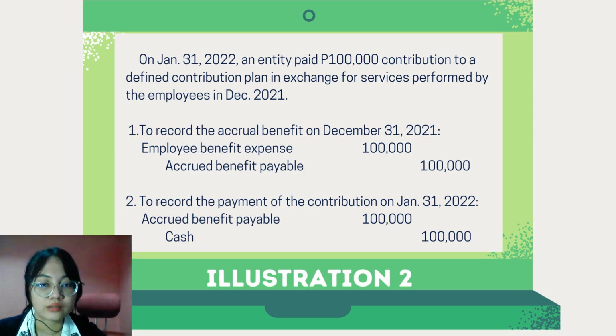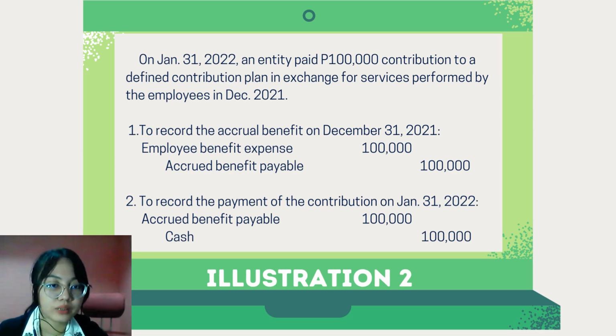So there is accrued payable. So first, to record the accrued benefit on December 31, 2021, we debit employee benefit expense for 100,000 pesos and credit accrued benefit payable for 100,000 pesos.